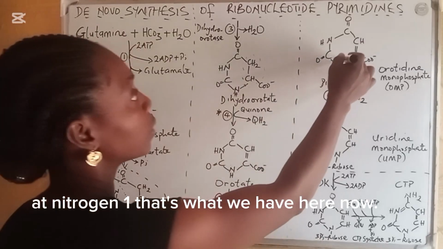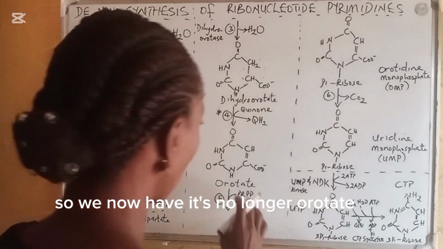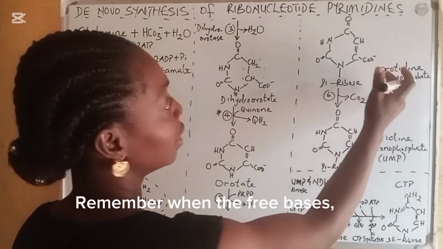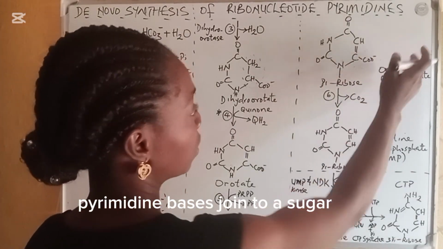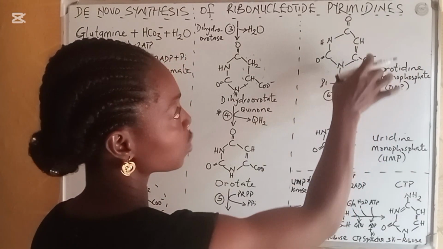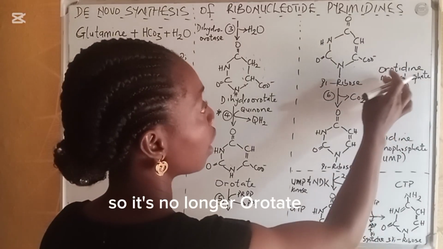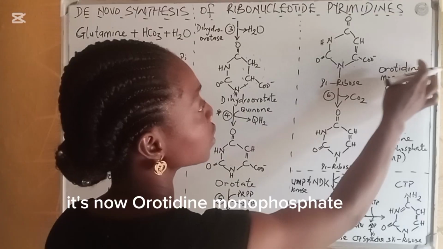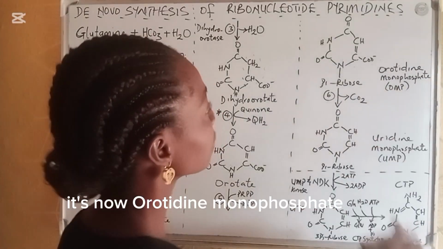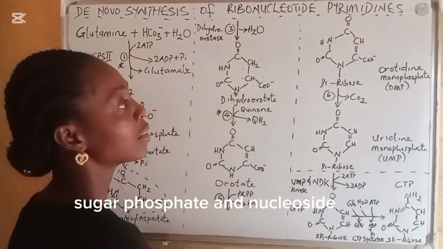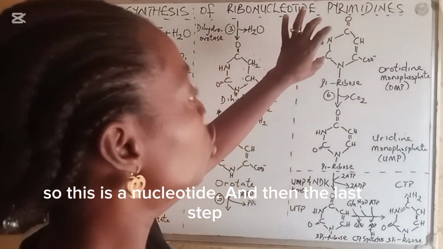That's what we have here now. So it's no longer orotate, it's now orotidine monophosphate. Remember, when the free bases, pyrimidine bases, join to sugar, they end in idine from our previous class. So it's no longer orotate, it's now orotidine monophosphate. And that's what we have here. Sugar, phosphate, and nucleobase. So this is a nucleotide.